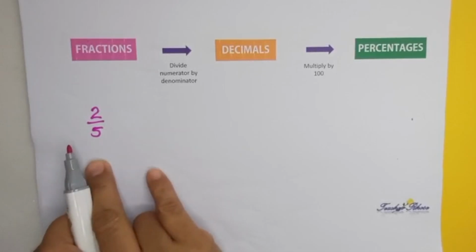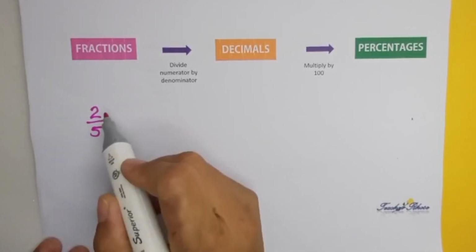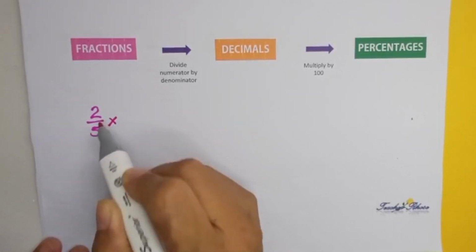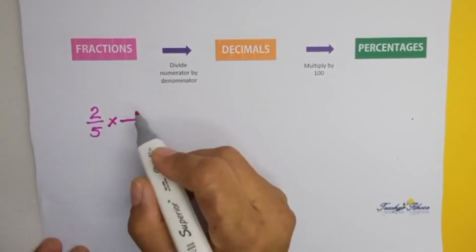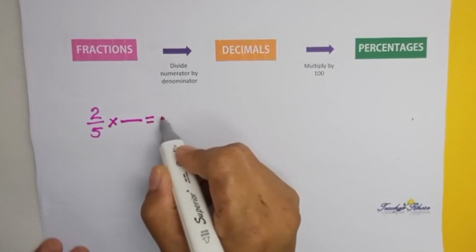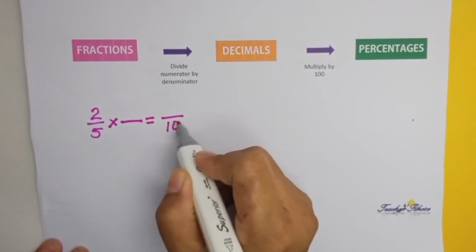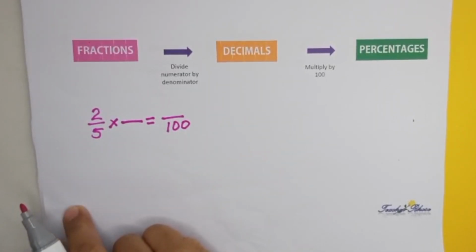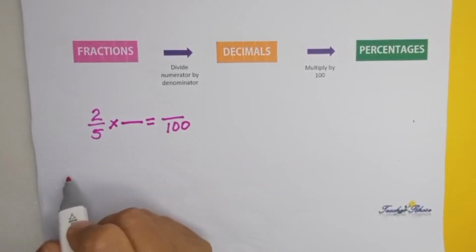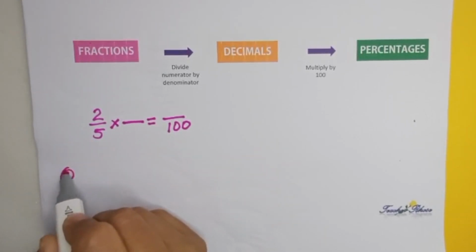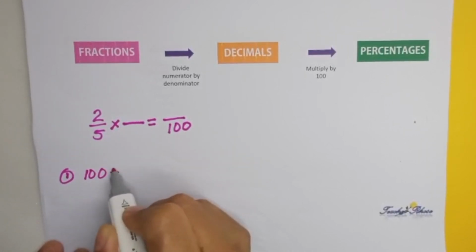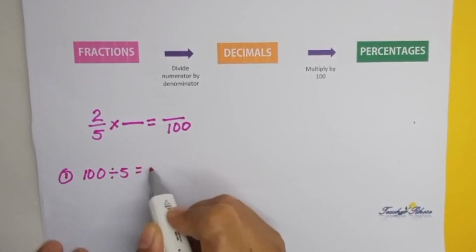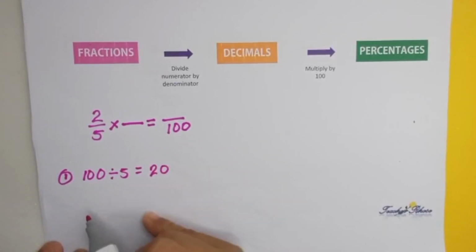By doing that, if I have 2 over 5, I will just think of a given number that I will multiply with my fraction that will give me a total of 100. Next step, I will divide 100 by 5. That will give you 20, right?